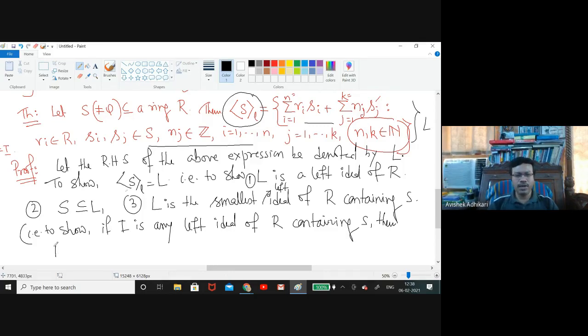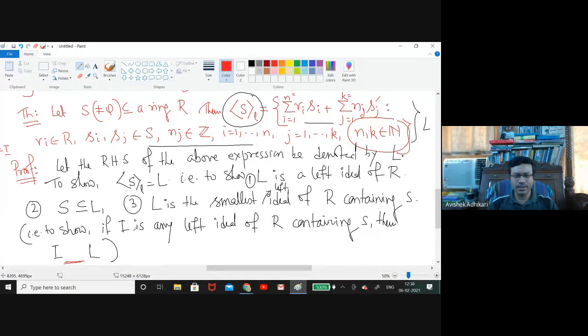Fill in the blanks. Can anybody tell me what would be the fill in the blanks here? To show L is the smallest left ideal of R containing S, we need to show that if I is any left ideal of R containing S, then I dash L.